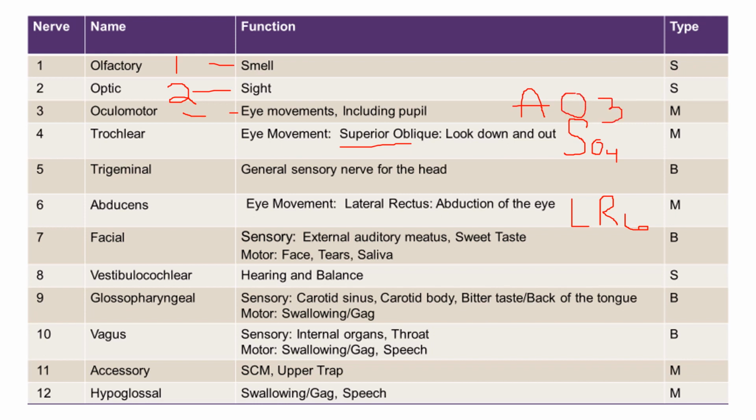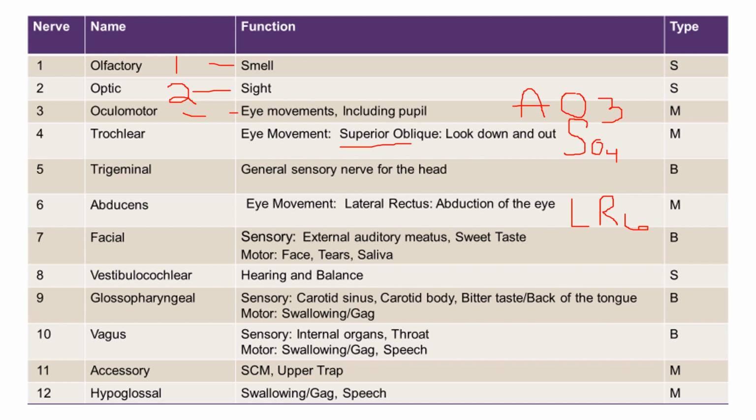So superior oblique is going to be cranial nerve 4. Lateral rectus is going to be cranial nerve 6. All other eye muscles, including pupil, is going to be cranial nerve 3. Okay, so we'll say that over and over again until you hear that in your sleep. Okay? So 3, 4, and 6, eye movements.